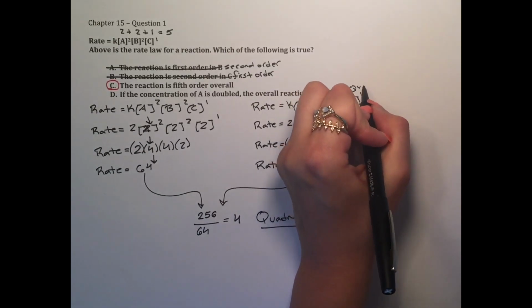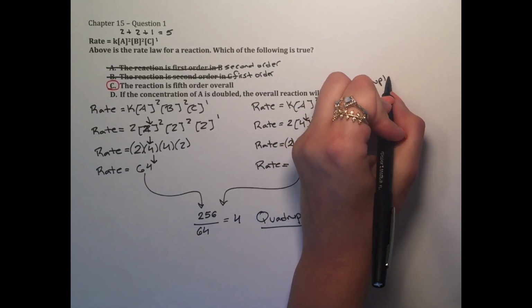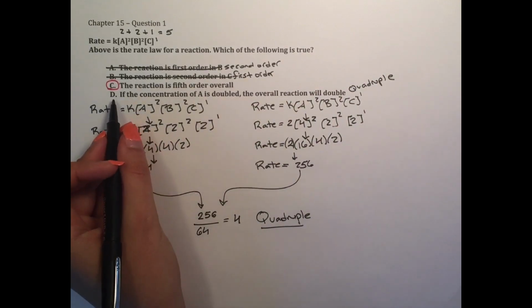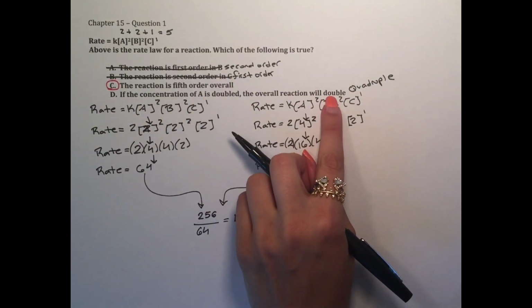I'm just going to write that here as well. And D is incorrect because it said that the overall reaction will double.